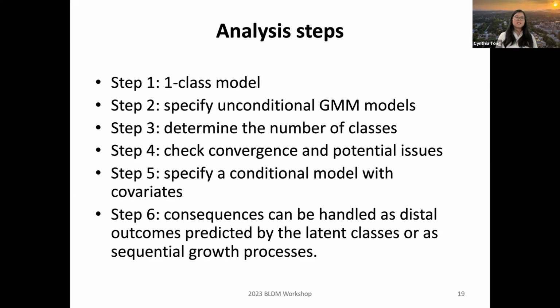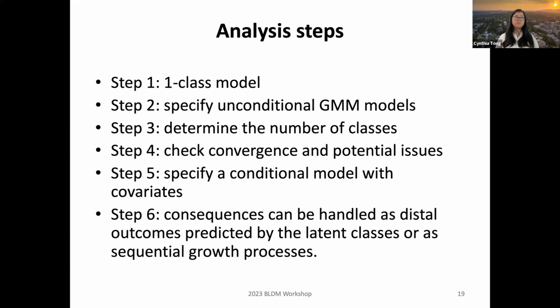In fact, even by checking the model fit, there are different model selection criteria, different model fit statistics that you can use, and they sometimes give different conclusions. In determining the number of classes, we look at the model fit. That's an important criterion. But we also need to think about the interpretations, or whether those latent classes make sense in practice, and also whether some of the latent classes have too few subjects.